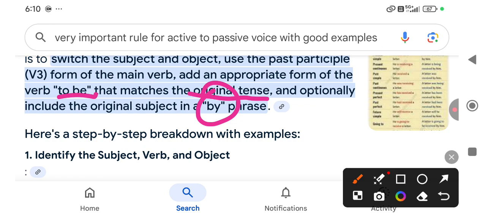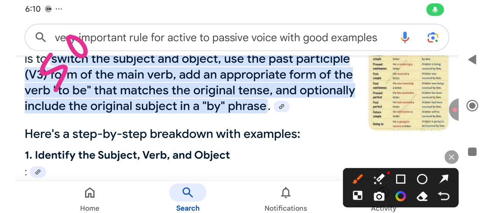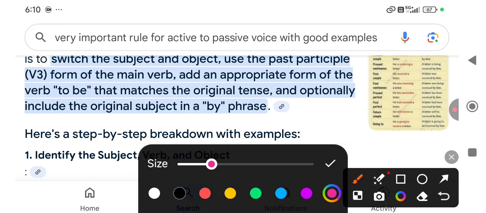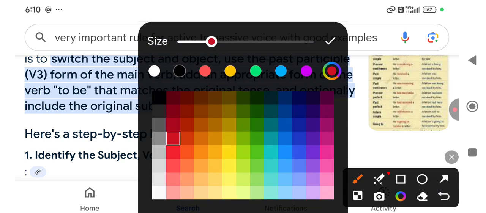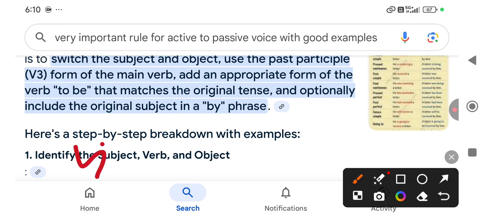So I'm repeating the rules. First of all, first is subject and object, right? So that is interchanged. Writing again, subject and object.